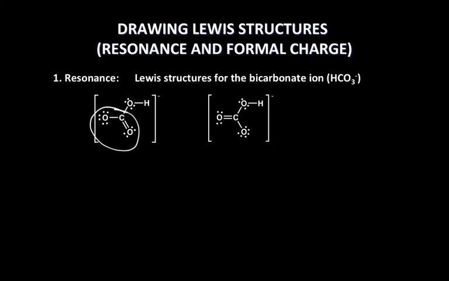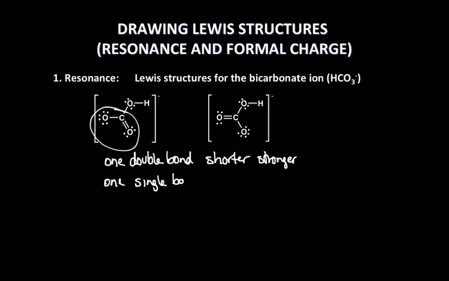What these Lewis structures suggest is that there's one double bond that would be shorter and stronger, and that there's one single bond that is longer and weaker. That is, you would expect those two bonds to have different properties.